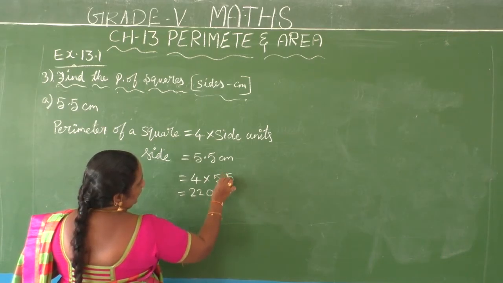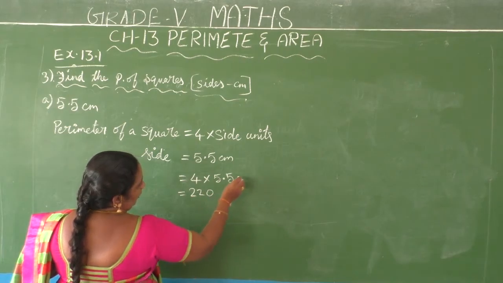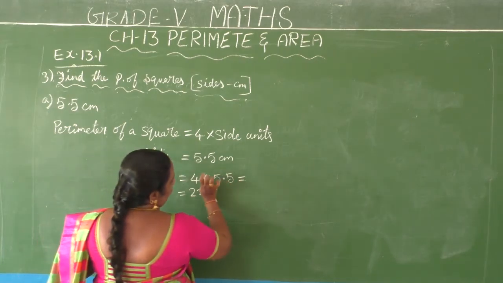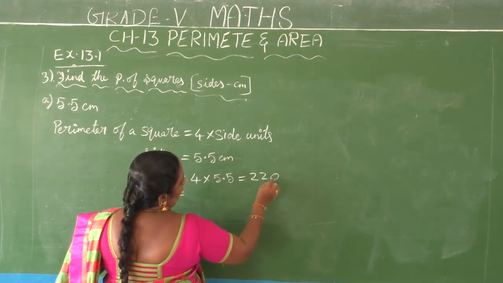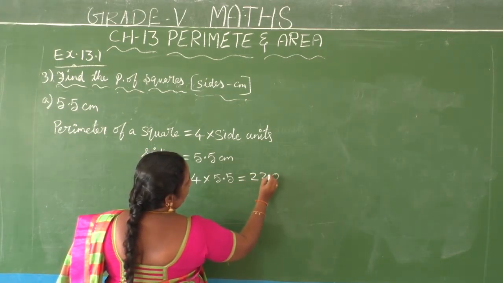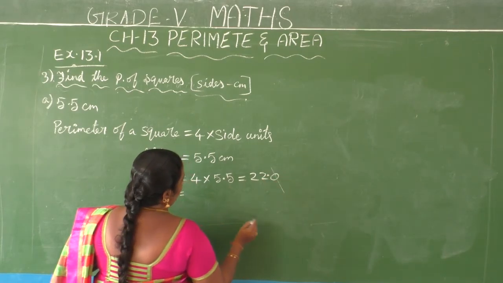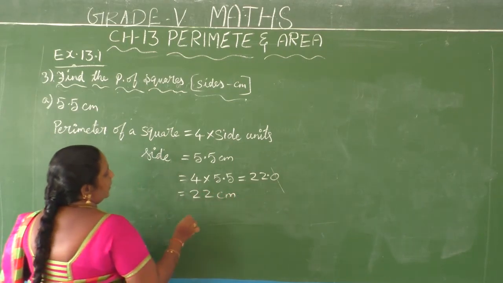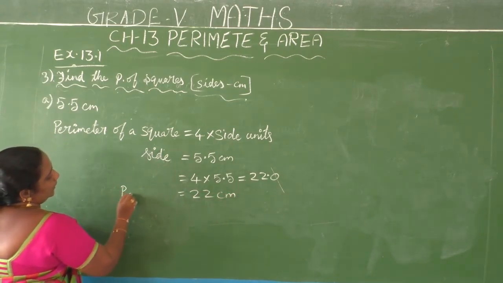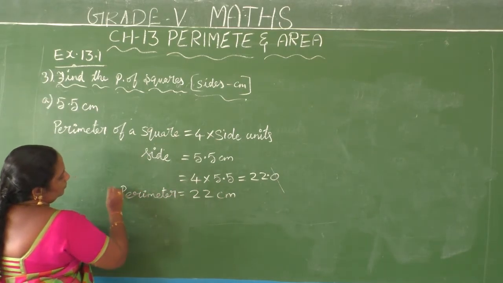Here they kept a decimal point in 5.5. After the multiplication also, you have to keep the decimal point. Listen. After one digit, you have to keep the decimal point, so there is no value for the 0. So the perimeter is 22 centimeter. You must write the unit. Okay?